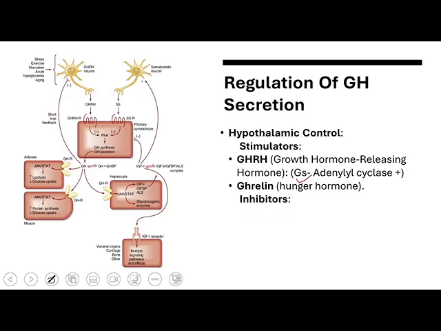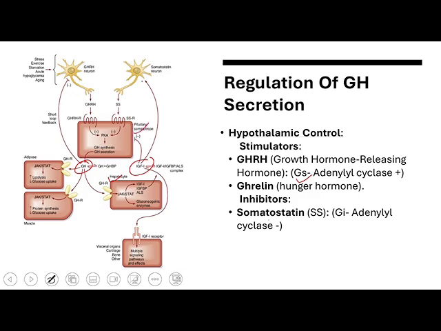And next we see the inhibitors, the hormones and factors that are going to inhibit the secretion of the growth hormone. There is somatostatin, which is being stimulated by insulin-like growth factor 1, which has been released from the hepatocyte once it gets stimulated by the growth hormone released from the anterior pituitary.